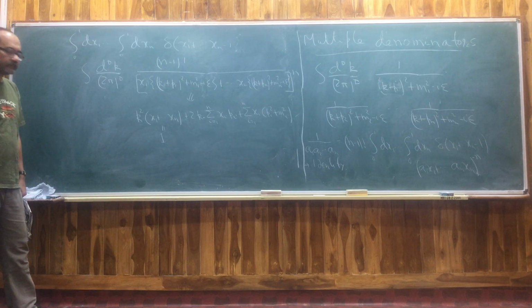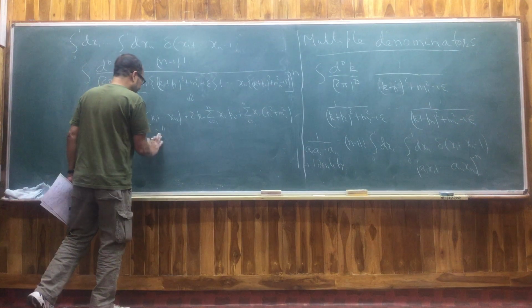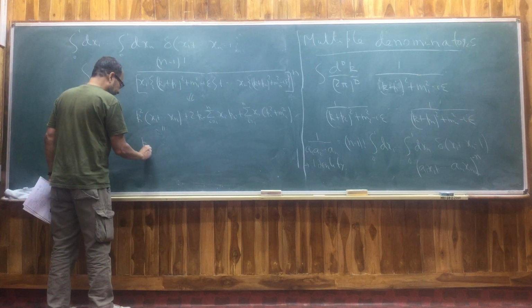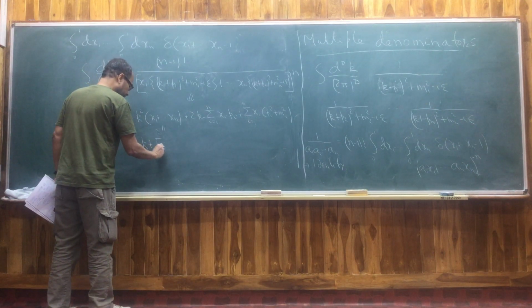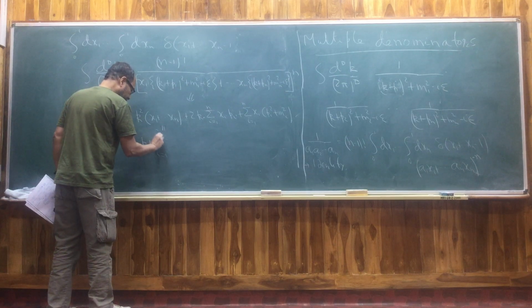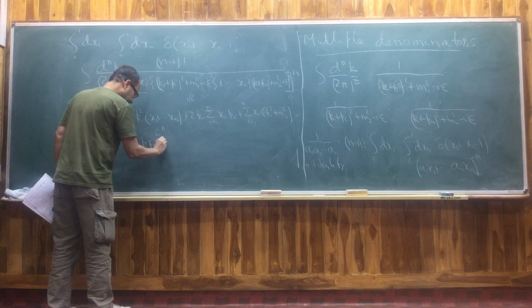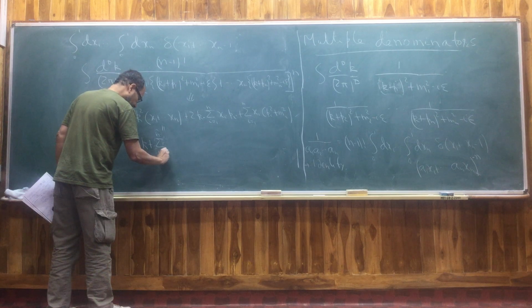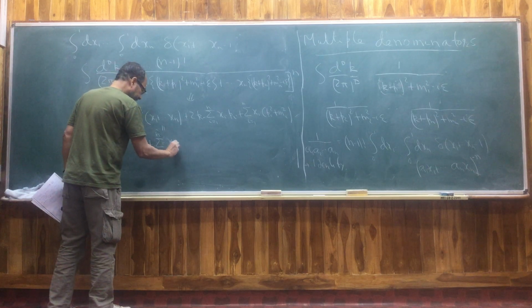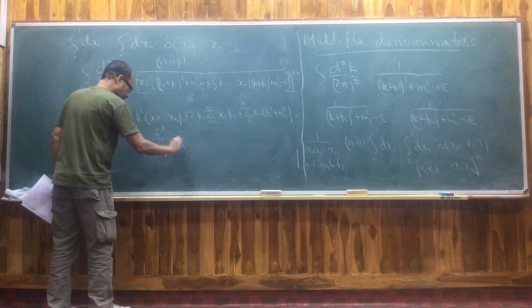But now we can just complete the square. So I can write this as k plus sum over i equal to 1 to n of xi pi, whole squared.